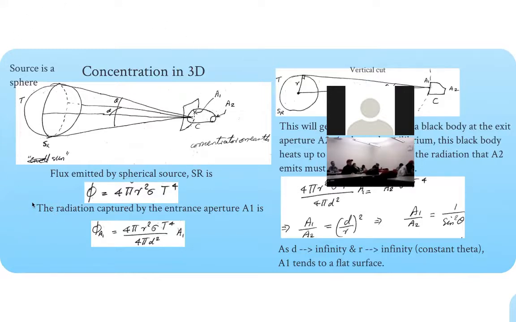So the radiation captured by the entrance aperture A1 is 4 pi r squared sigma T raised to 4, which is what's coming out from the sun, divided by the area of the huge sphere, 4 pi d squared, multiplied by the area of the entrance aperture A1, exactly the same expression as before. So 4 pi cancels out, and you will end up with r squared over d squared.